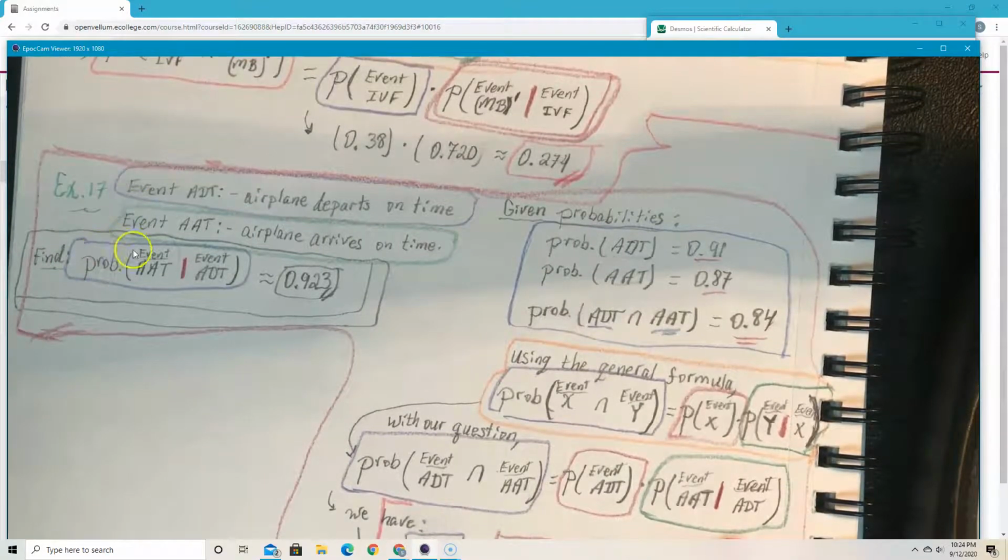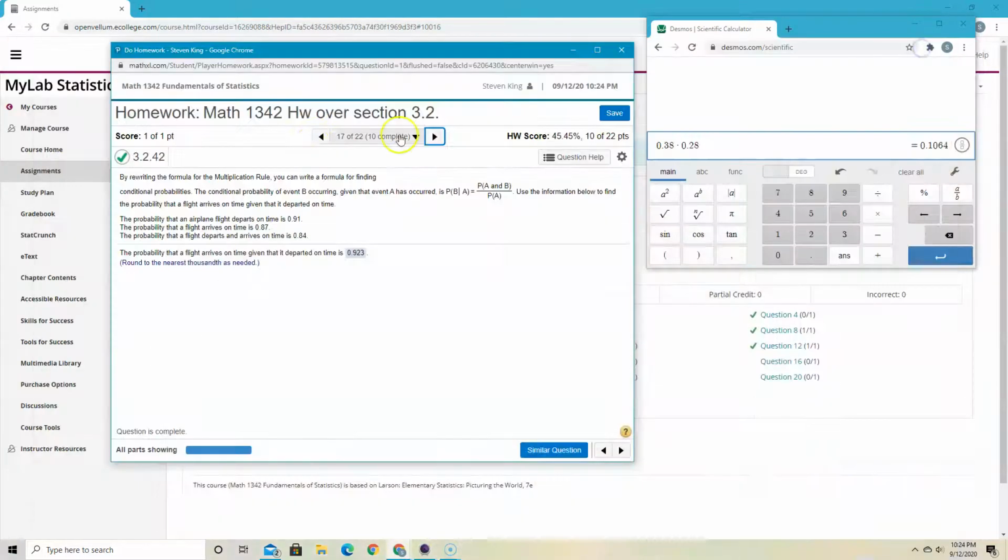Question. The probability that a flight arrives on time, it lands and arrives at the airport on time, given, oh, there's a restriction, conditional, given that it departed on time.